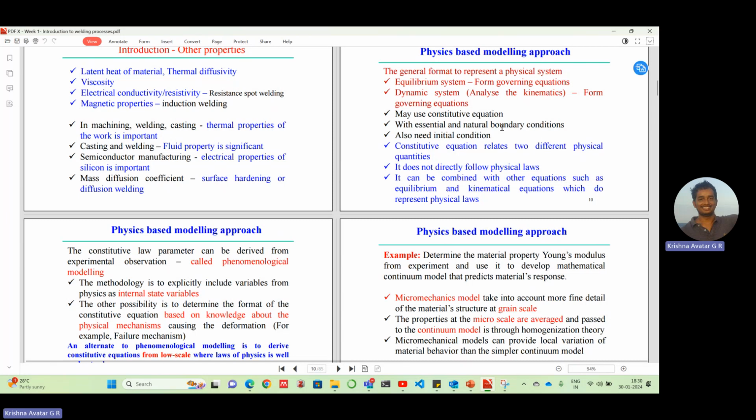And if you're performing a heat transfer analysis, then we require a constitutive equation to relate heat flux to the gradient of the temperature. And then once we have our governing equation, we require certain boundary conditions to make the problem a well-posed problem. And if the problem happens to be time dependent, then we may also require a set of initial conditions.